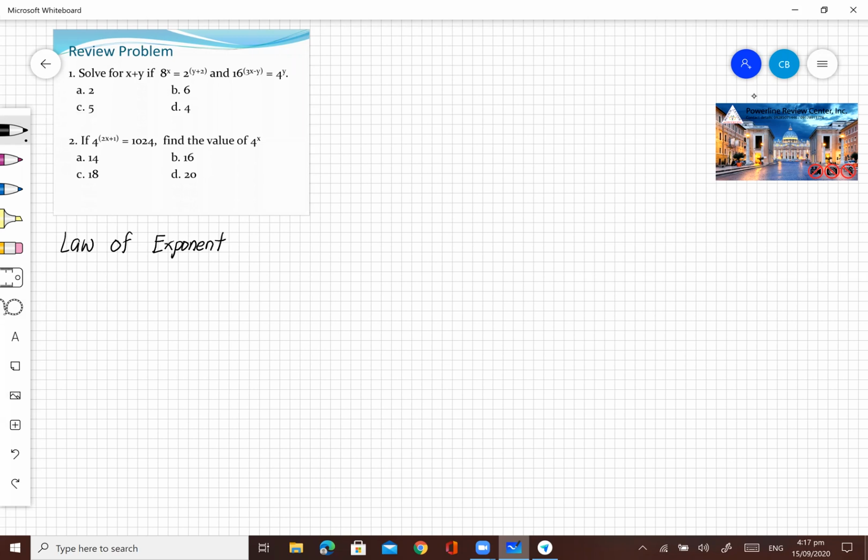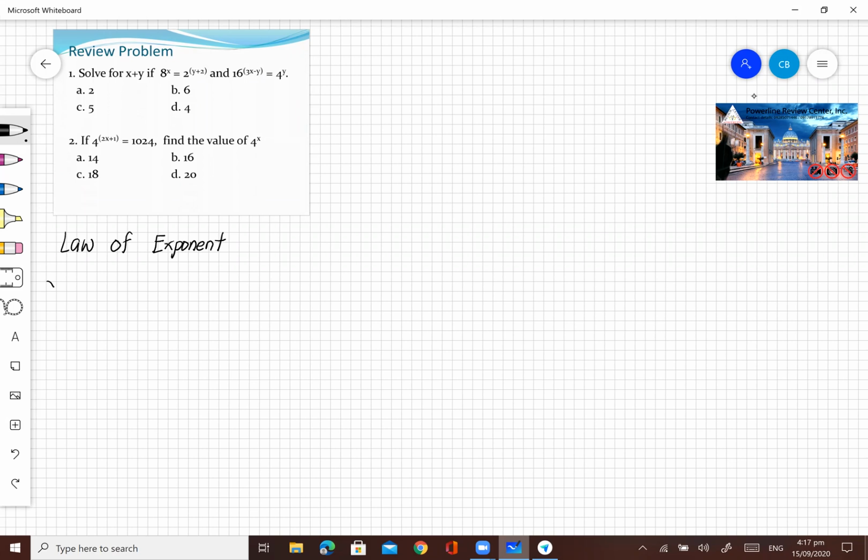So, we have the law of exponent. Usually ginagamit natin yan to simplify mathematical expressions na usually na-encounter natin in solving certain mathematical problem. Marami tayong law of exponent, but here, babalikan natin yung gagamitin nating theorems or law.